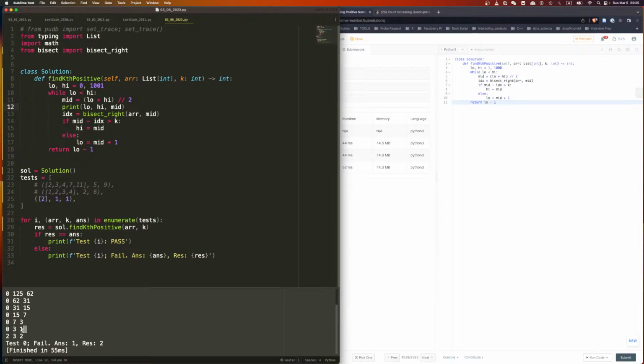This is equal. We already got equal, but I decided to do low. So 2, 3 will be 2, right? Two will be small.